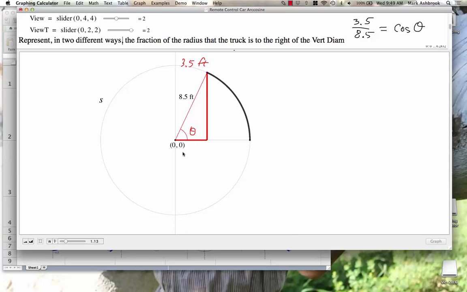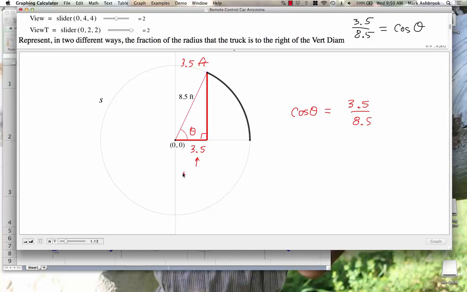So we've got 3.5 down here. And what are we saying? We're saying the cosine of theta is the fraction of the radius length to the right of the vertical diameter. But in this triangle, we've got a right triangle.